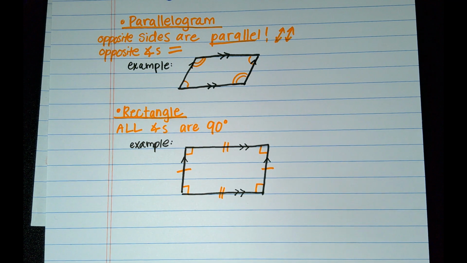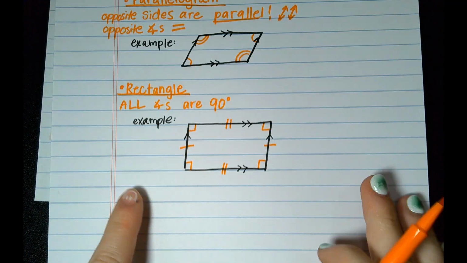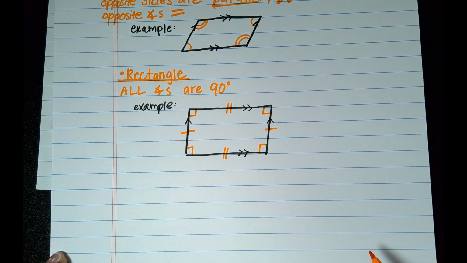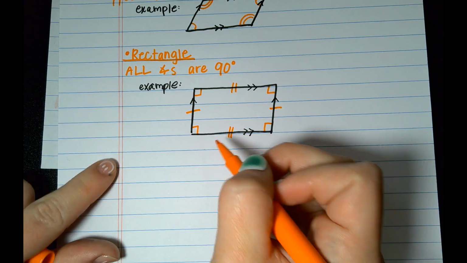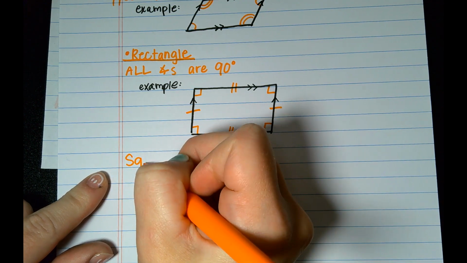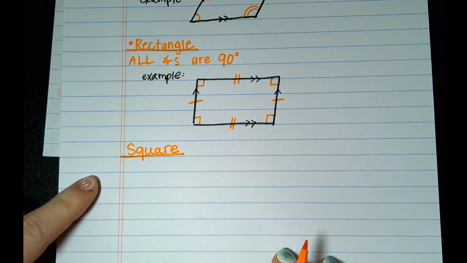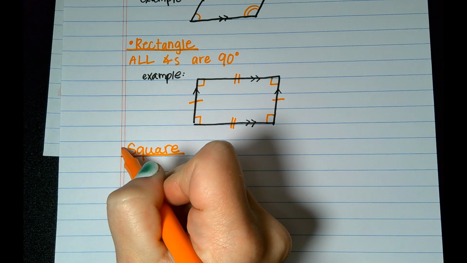It's a very special quadrilateral. Believe it or not, the next more specific we can get is a square. So, square. That's the next one.